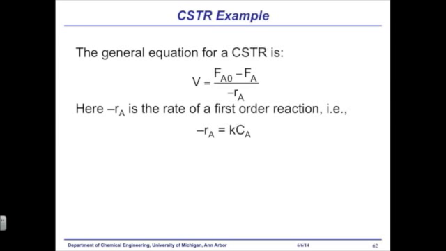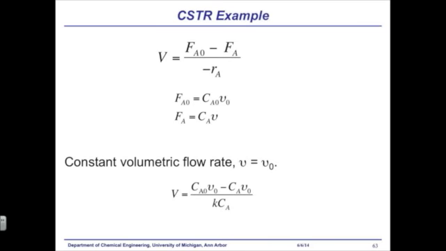Well, the general design equation for a CSTR, as we just derived, was that. rA is the reaction rate. We're again going to assume it's first order, as we did in the batch reactor example. And we're also going to substitute for the molar flow rate FA0, which is the concentration, moles per unit volume, times the volumetric flow rate, decimeters cubed per minute.